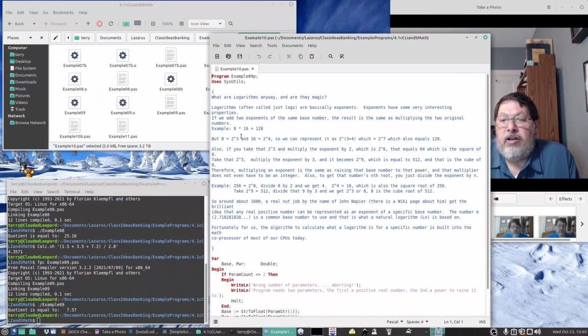An example here is 8 times 16 equals 128. But 8 equals 2 raised to the third power, and 16 equals 2 to the fourth power. So if you take 2 raised to the power of 3 plus 4, which equals 7, that also equals 128.